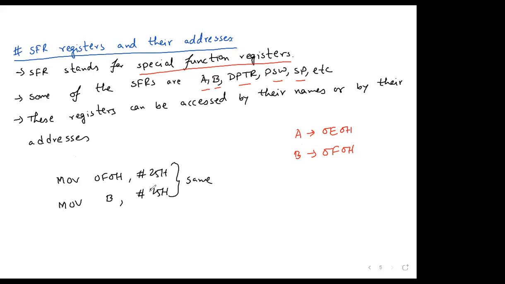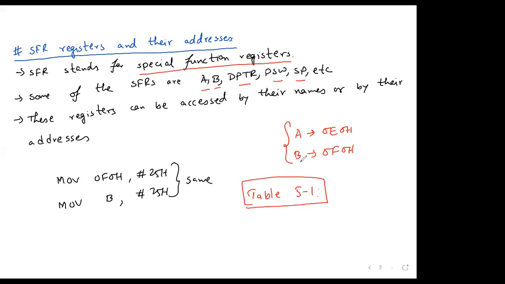Okay. If you want to see the other SFR registers, you can have a look at table 5.1 of your book. In table 5.1, all the SFR registers along with their addresses are given. The main thing, you don't have to memorize the address of any of this. I mean, it is better, at least if you can remember the address of register A and B, but it is not necessary to memorize.